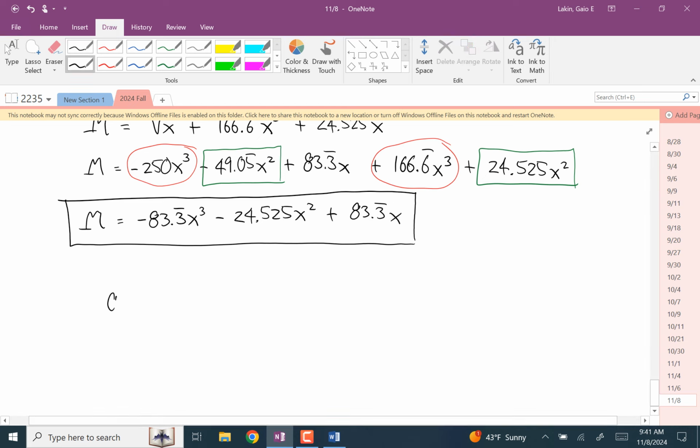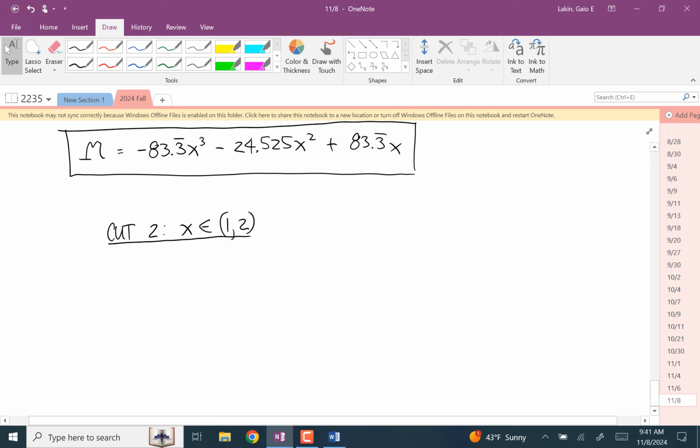So now cut 2. This is for x's between 1 meter and 2 meters. We have the 1,000 to the left, the 83.3 repeating up. We have a triangular distributed load that doesn't get all the way to the end.